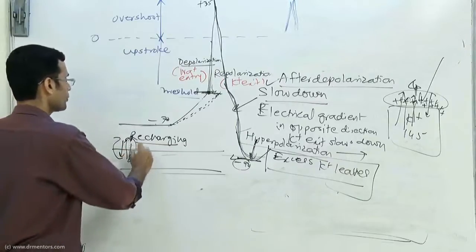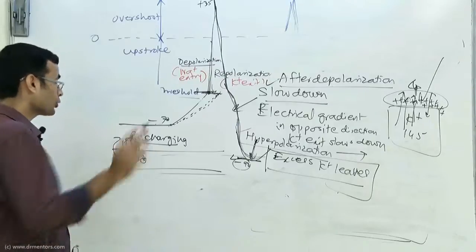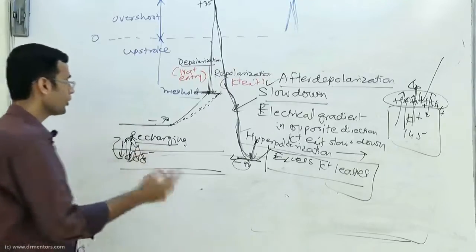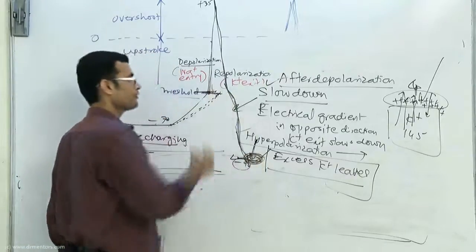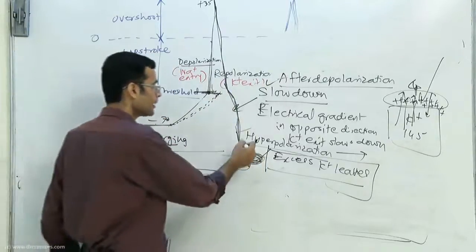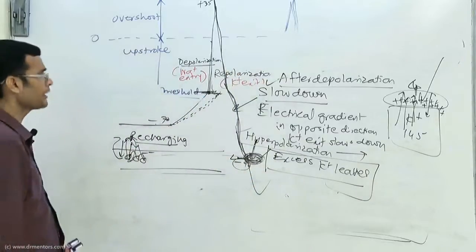That's the job of the sodium potassium pump. But the sodium potassium pump is electrogenic, it creates more negativity on the inside. So if recharging starts at this point of time, the membrane will become even more negative.